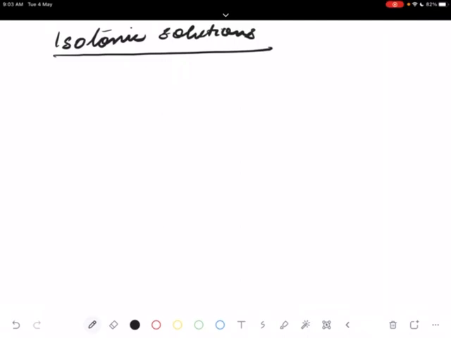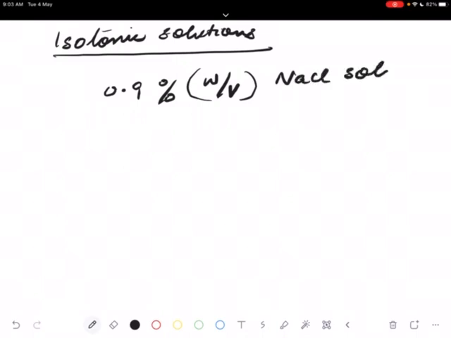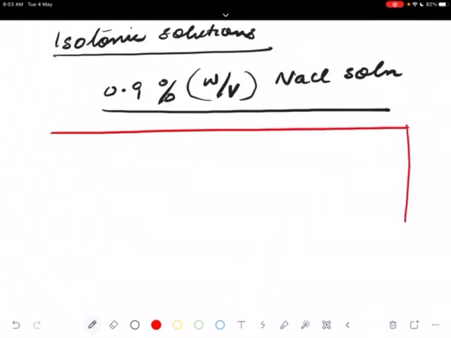The fluid inside our blood cell is equivalent to that of 0.9% w/v NaCl solution. This solution's osmotic pressure is same as that of our RBC, the fluid inside our blood cell. Now, I am showing two conditions.